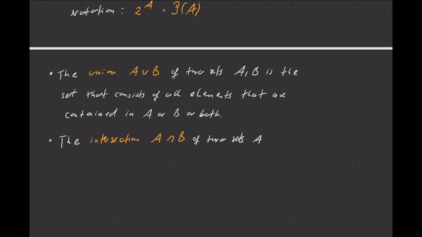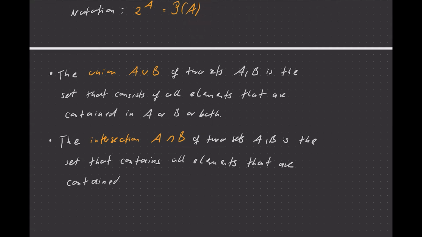Of 2 sets A, B is the set that contains all elements that are contained in A and in B.